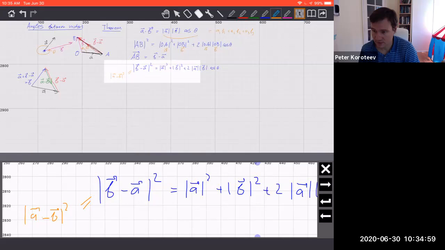Cameron, does it answer your question? No, the one above, B minus A. So what can be negative? The answer for what? Well, it depends what you call it.